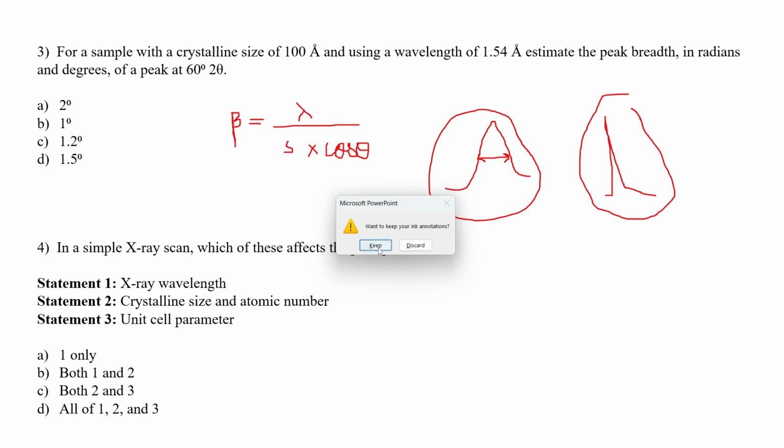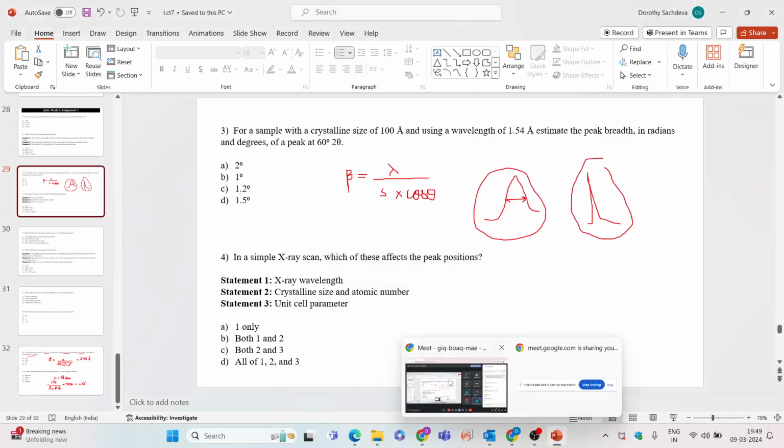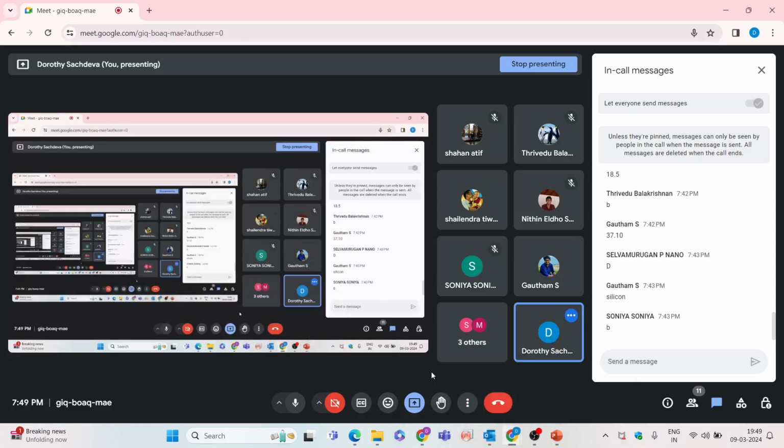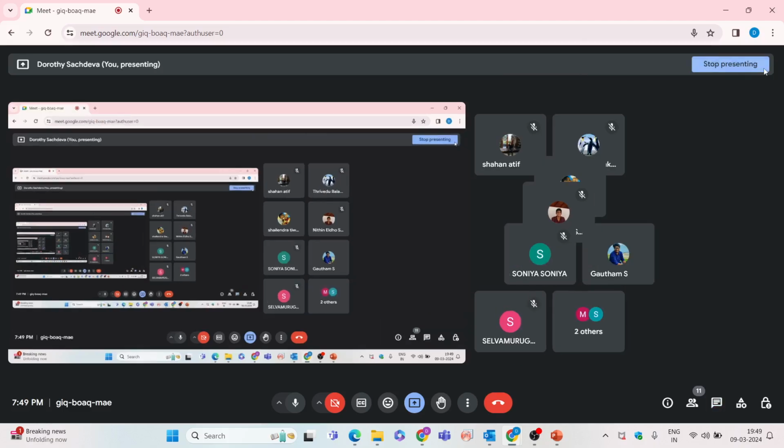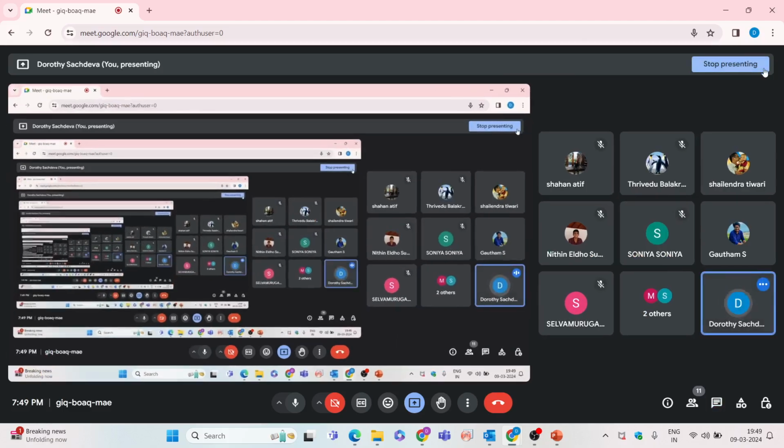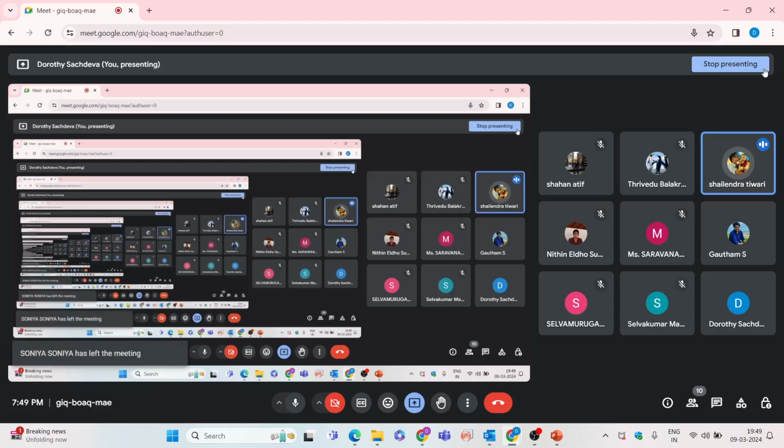Is this clear now? Shailendra, is this clear to you now? Your voice is breaking. I am not able to hear you. Can you please type and let me know your query?